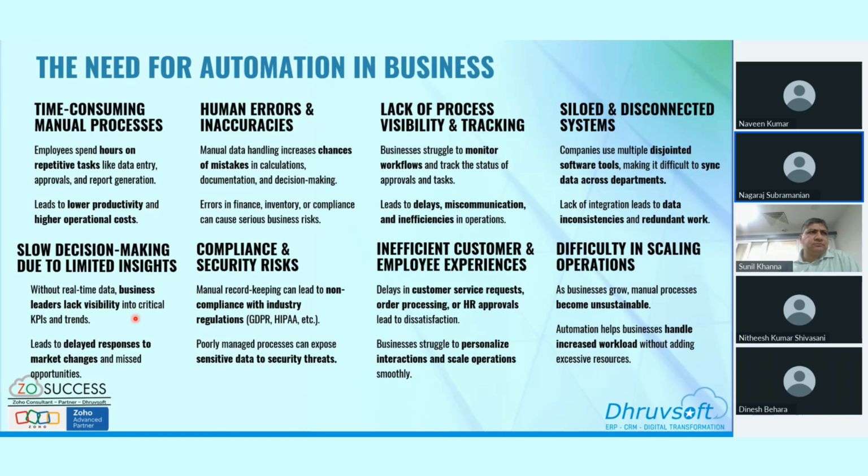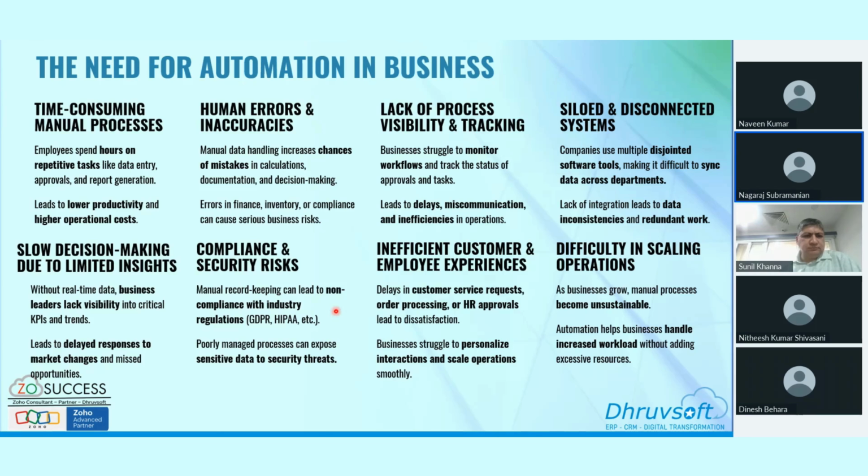Then we have slow decision making due to limited insights. Without real-time data, business leaders lack visibility into critical KPIs and trends, which leads to delays in responding to market changes, and sometimes missed opportunities also happen.